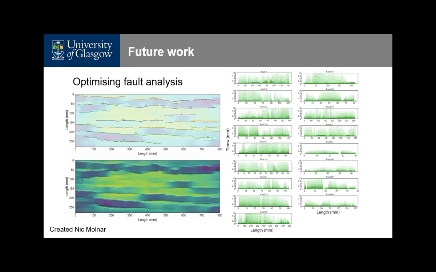Cool. So you talked about normal faulting. Would you expect similar patterns, a similar hybrid model, for, let's say, reverse faults or strike-slip faults? I would, yeah, that's a good question. I would expect similar for reverse faulting.